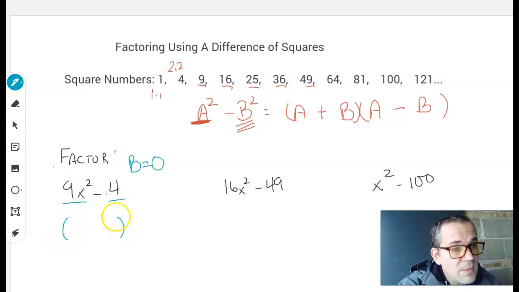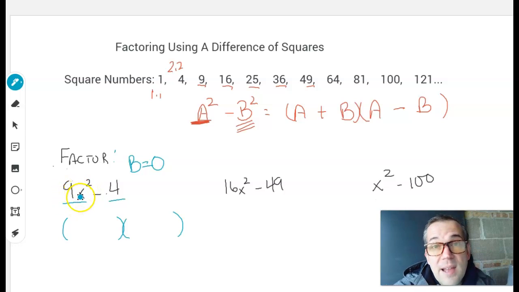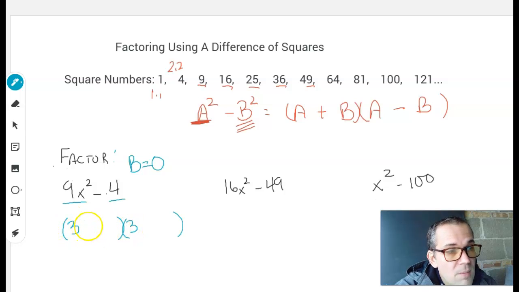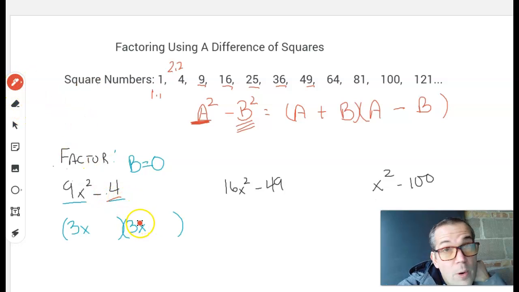So I'm going to write down some parentheses. I'm going to think, what would I have to multiply by itself to get 9x squared? What multiplies by itself to get 9 is 3 and 3. And of course, if this should be x squared, put an x on both. What would I multiply by itself to get 4?